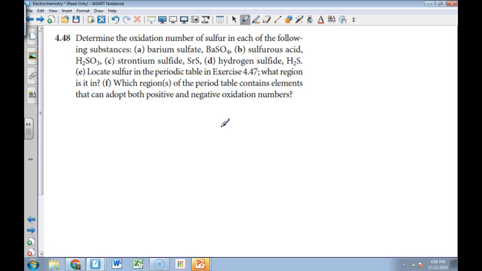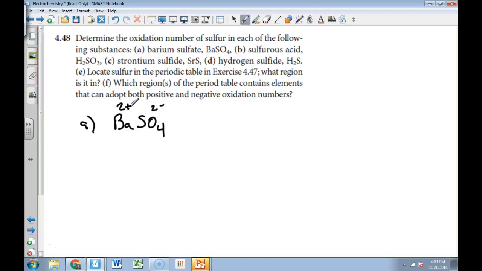Determine the oxidation state of sulfur in the following compounds. For A, we have barium sulfate. Oxygen has a charge of 2-. Keep in mind that the 2- charge on oxygen is almost always going to be that.